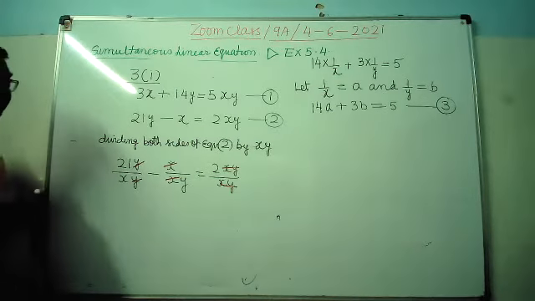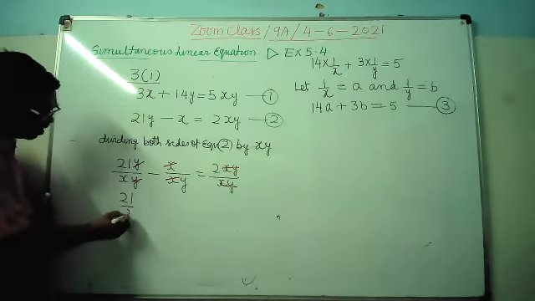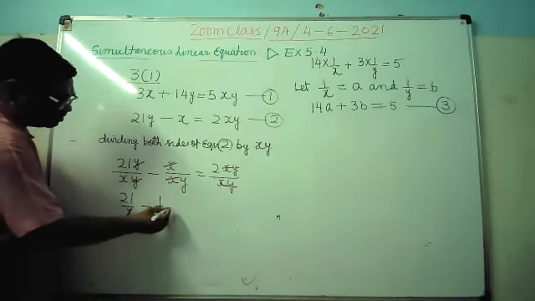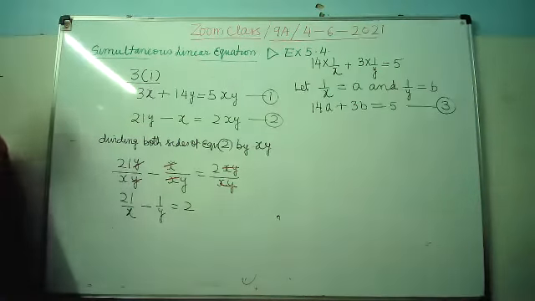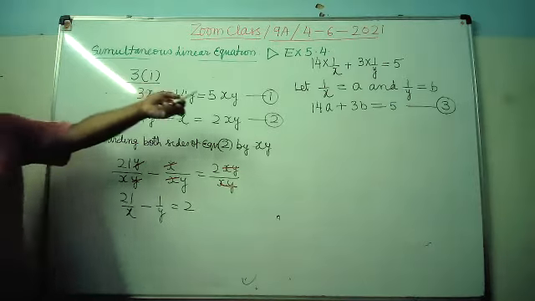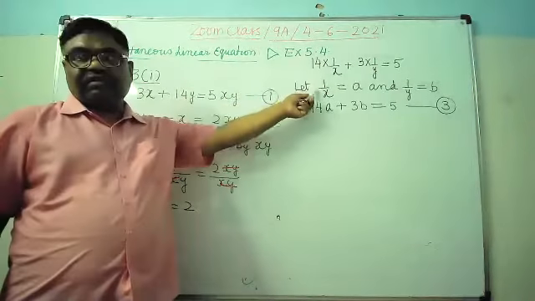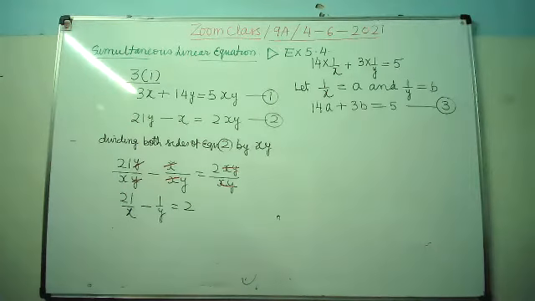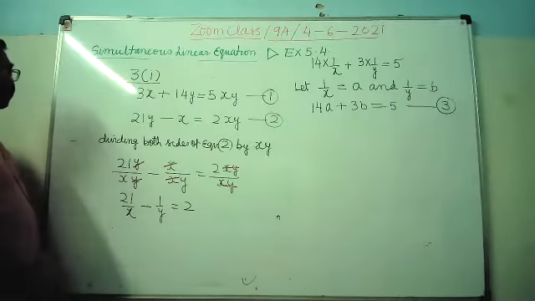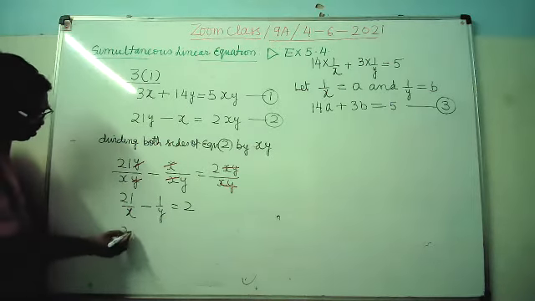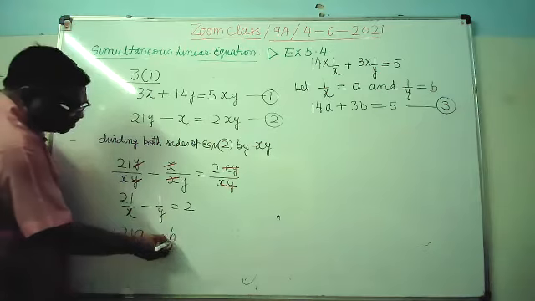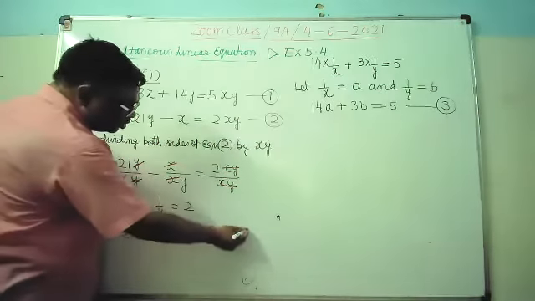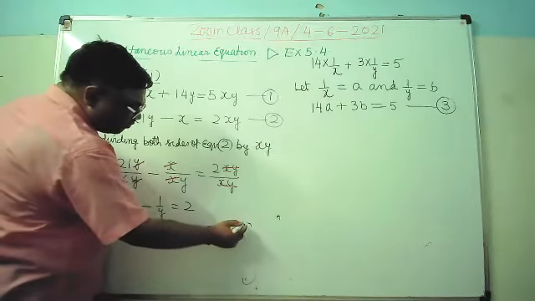Means what is left here? 21 upon x minus 1 upon y equals 2. Very good. Now by using these substitutions, what will the equation become? So 21a minus 1b. 21a minus b equals 2, this is equation 4.